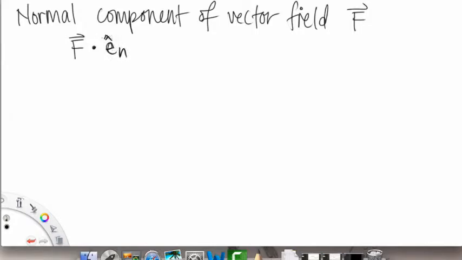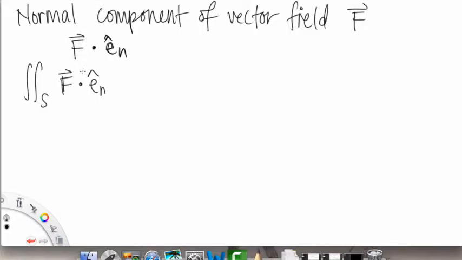Remember, with vector line integrals we wanted the tangential component of F, so we dotted F with the unit tangent. But here we want the normal component, so we dot it with the unit normal. So we have our normal surface integral, but this time we're dotting F with our unit normal.